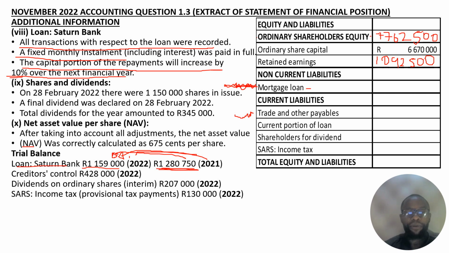But here now, we are going to take the previous one, the 2021, and deduct the 2022 and know what the current portion was for this year. So let's go. Let's start with the previous one.